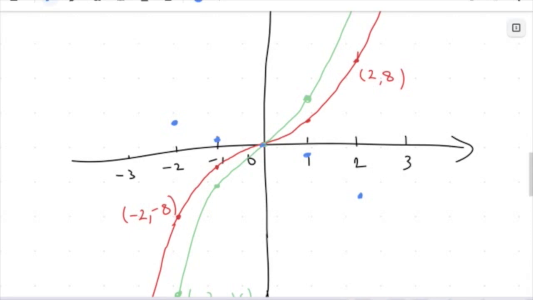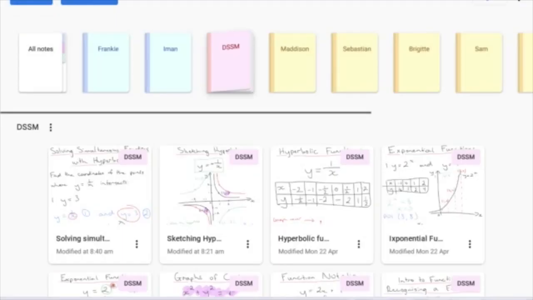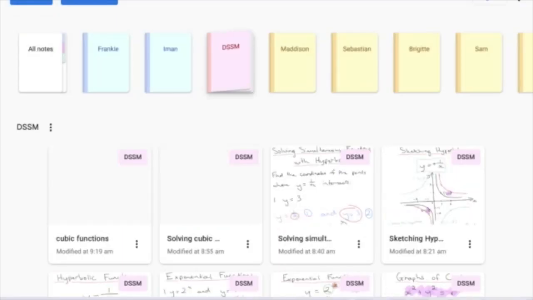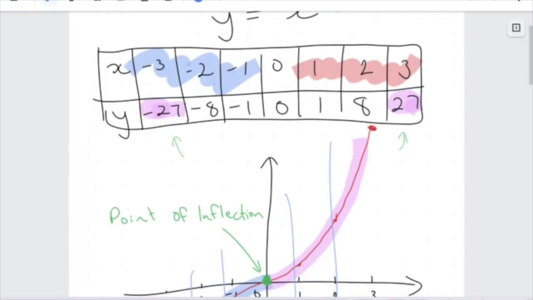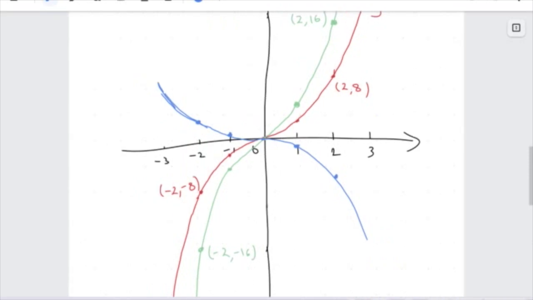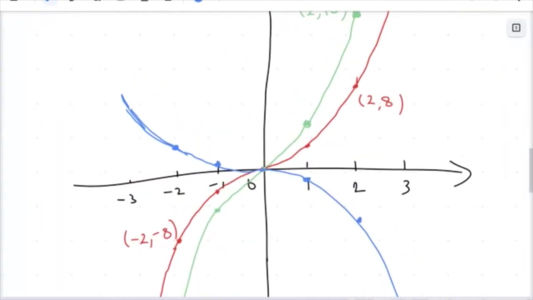So if I connect these dots, you can see I get a slightly wider, less steep looking curve here. This is my curve of y equals negative a half x cubed.